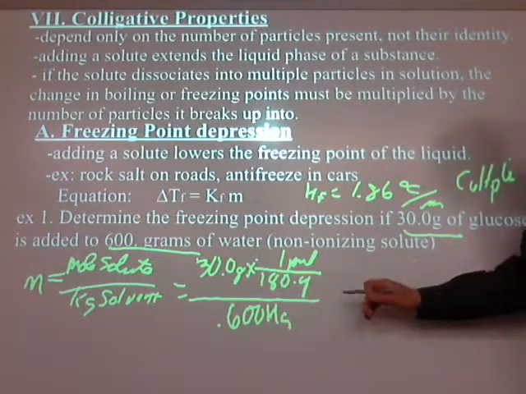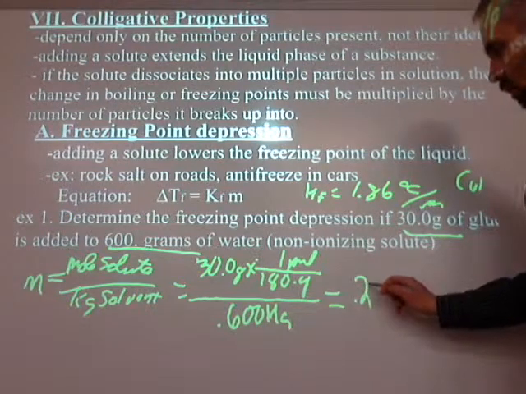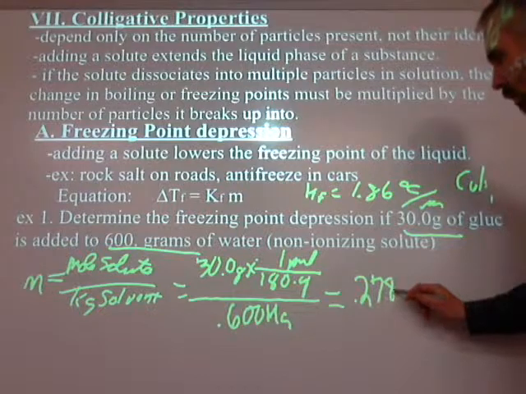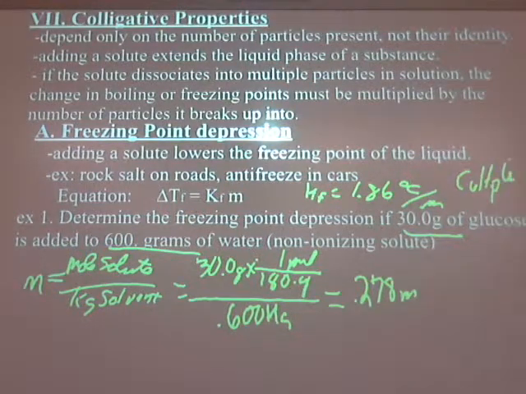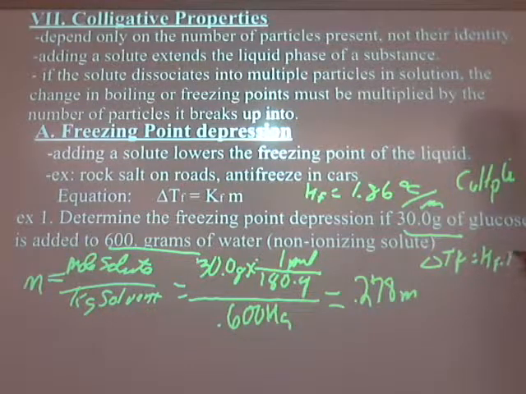All right. So what did you guys get? 0.278 molal. Now, don't think I'm done there. That's just the molality, right? What do I have to do now with that? Delta TF equals KF times m.